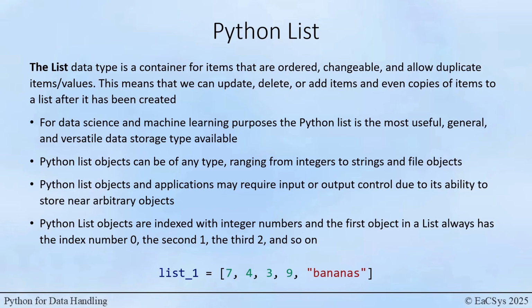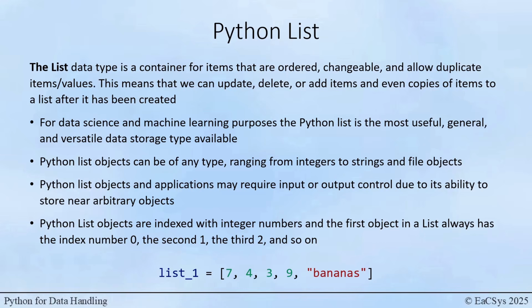So right, this description shows the most important properties of the list: the list's flexibility and the need to control the list and its objects either at input time or at output time, or perhaps at both the input time and the output time.